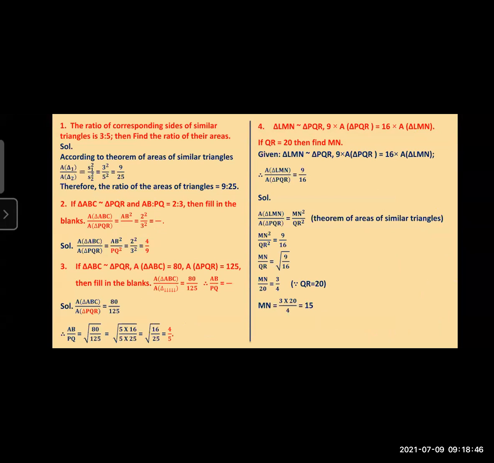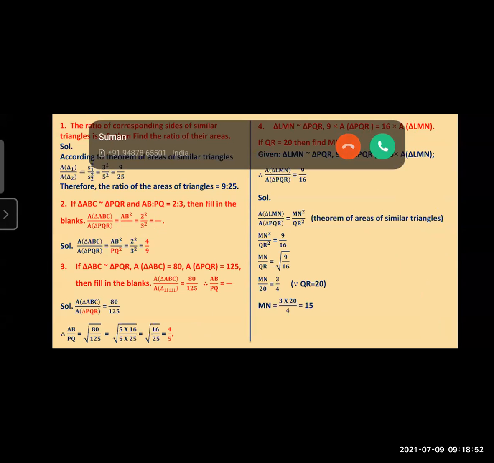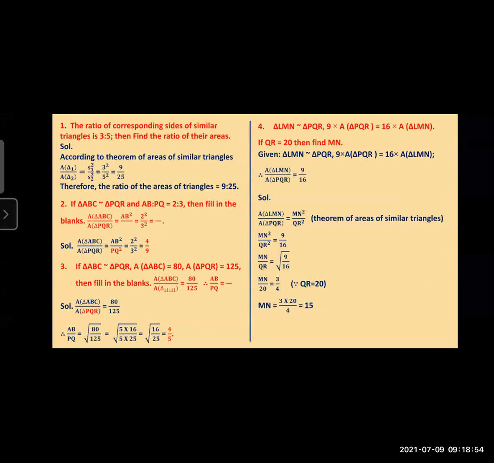These two triangles are similar and the given condition is 9 into area of triangle PQR is equal to 16 into area of triangle LMN. And if QR is equal to 20, then find the value of MN. It's a very simple question. Again, you have to write the given condition and then we solve.